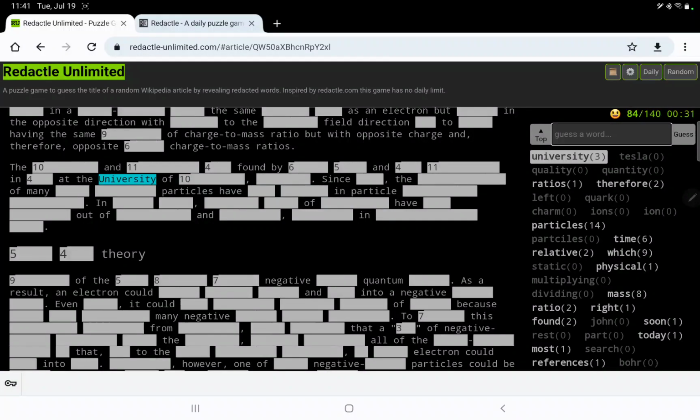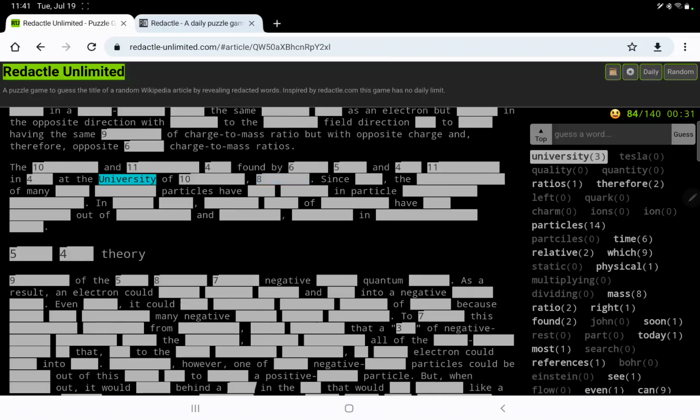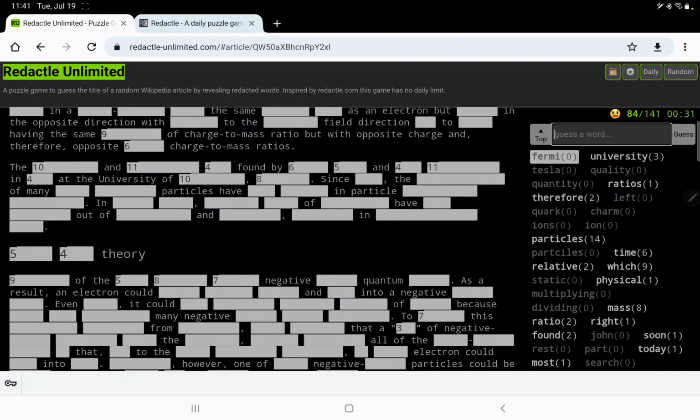At the University of 10 letters, and then, so that must be the city, and then an 8-letter country. What is that 8-letter country? That's not easy. Oh, how about Fermi? No. The University of something.